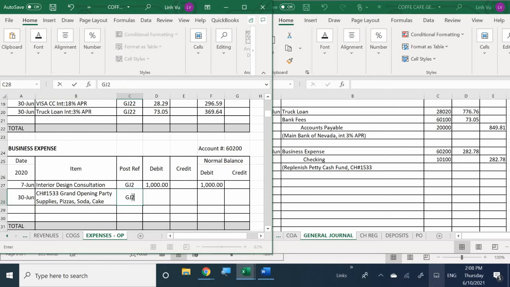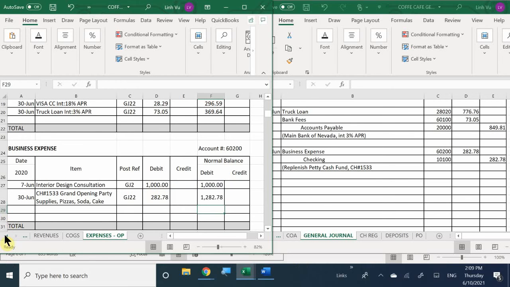General journal, debit for how much? 282.78, which brings my account balance to $1,282.78. Good.